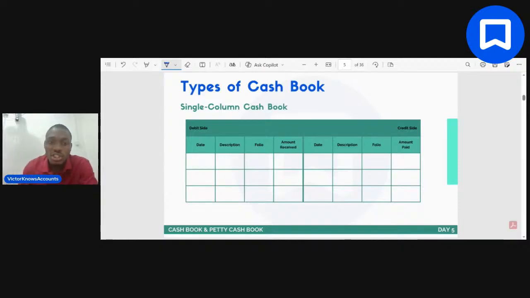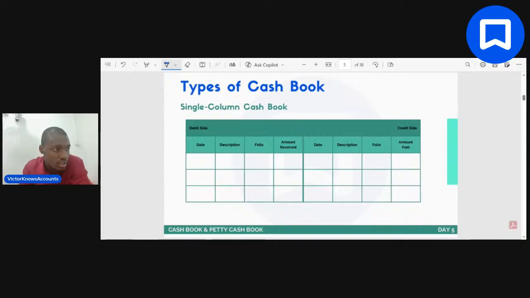Now, when we are talking about single column cash book, when we are talking about column, you notice that we have just one column for amount here. There is only one column that is dealing with the amount here.